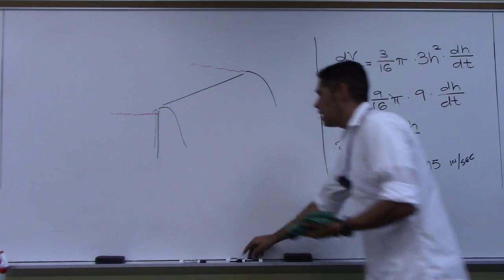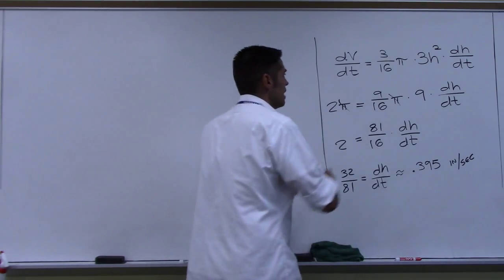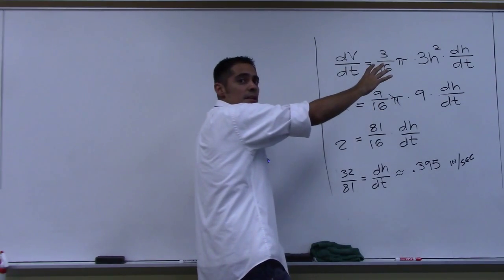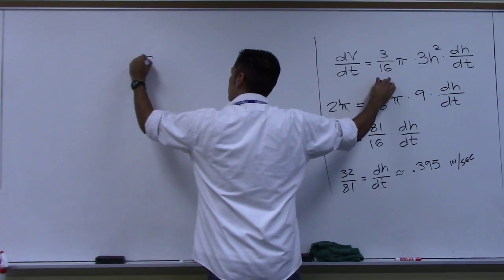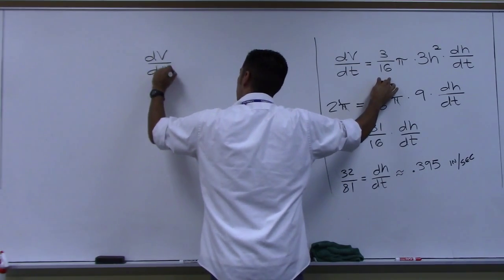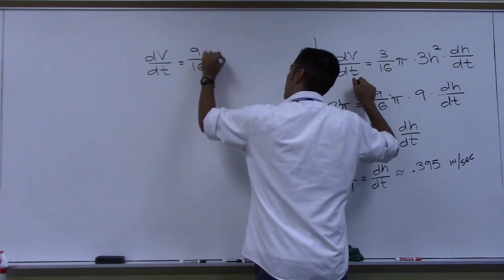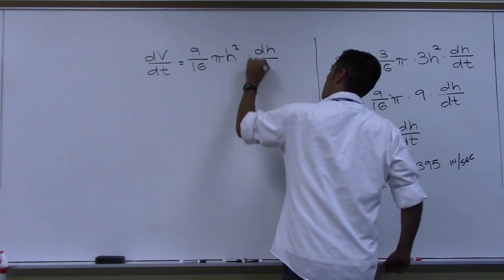Also, I'll point out, I want to go back to this right here. This was the derivative before we plugged anything in, right? We took the derivative. Just want to clean this up a little bit. dv dt equals 9/16 pi h squared times dh dt.